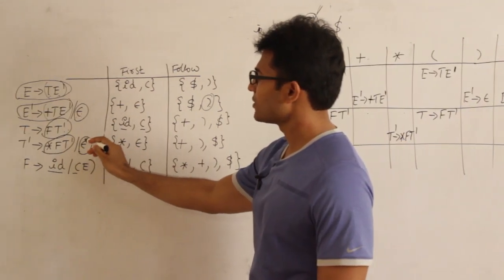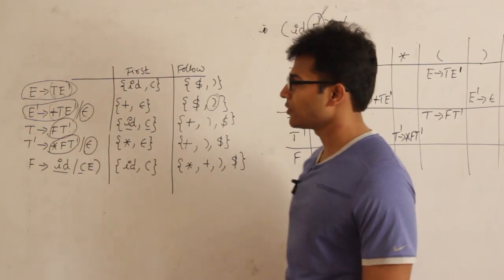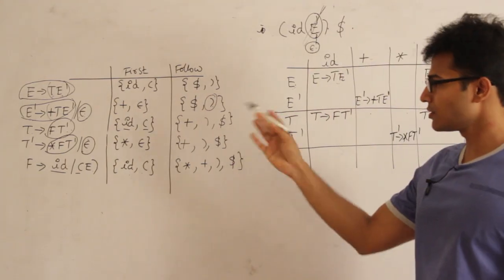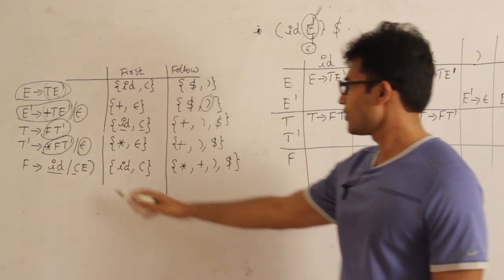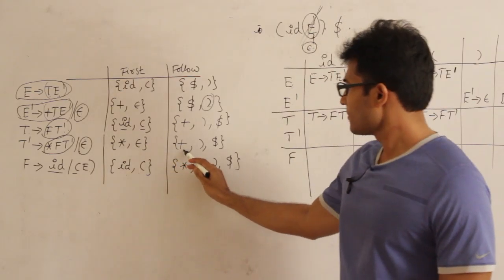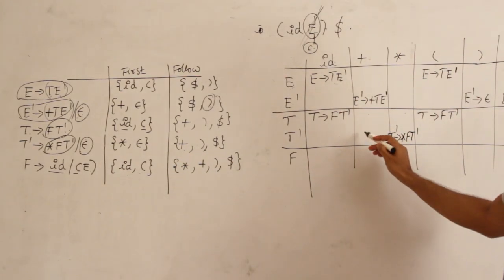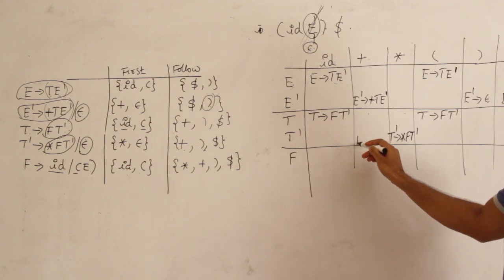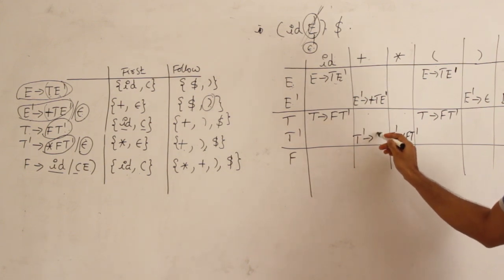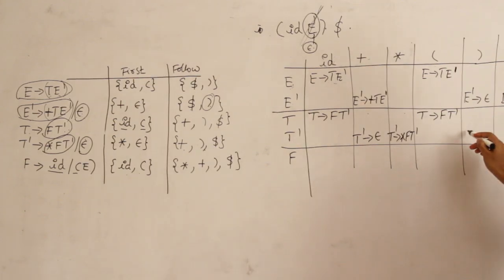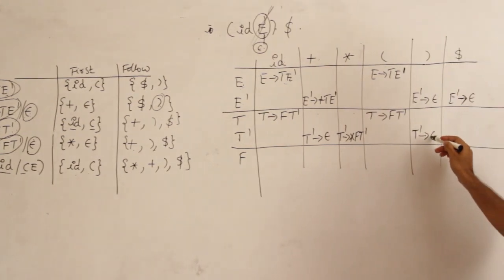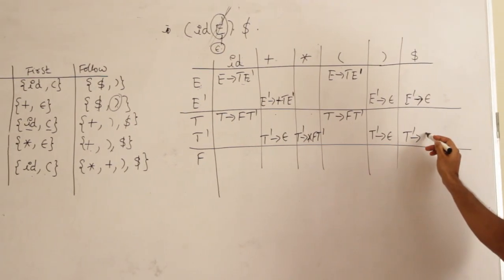It has to be placed under follow of T dash because it is epsilon. All the epsilon productions have to be placed under follow of left hand side. What is follow of T dash? Follow of T dash is plus, close brace and dollar, which means under plus, close brace and dollar it is T dash derives epsilon.